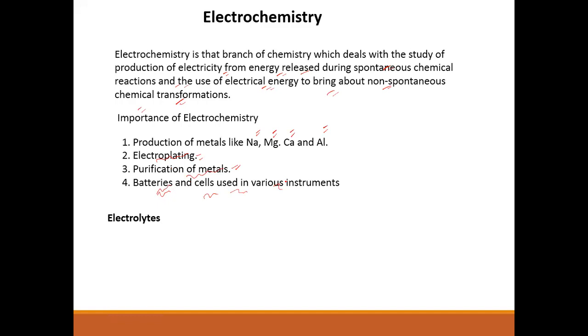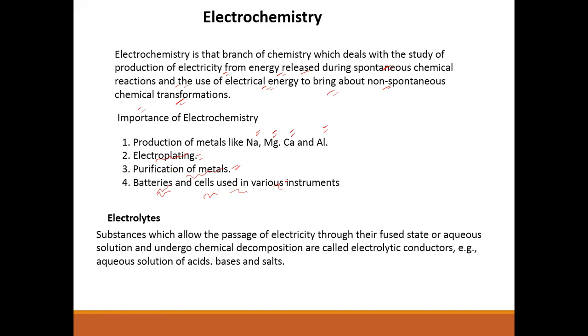To understand electrochemistry, first we have to understand electrolytes. What are electrolytes? Substances which allow the passage of electricity through their fused state or aqueous solution, or undergo chemical decomposition, are called electrolytes. For example, aqueous solution of acid, base and salt.